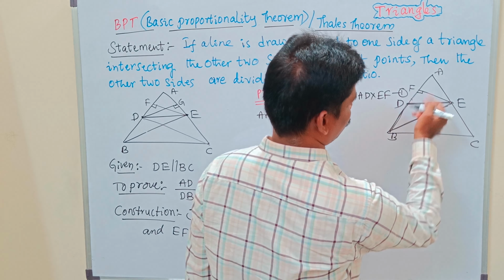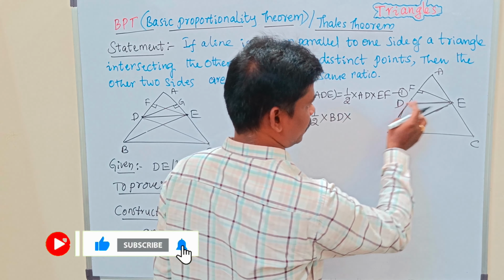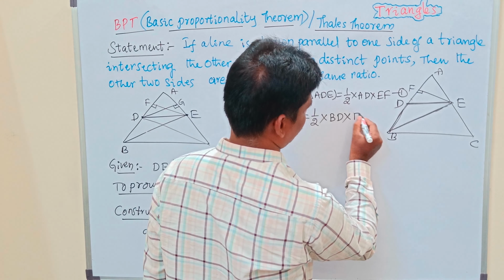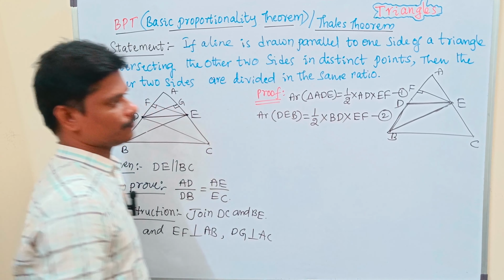EF, outside the triangle, is the perpendicular height of this triangle DEB. This is equation 2.